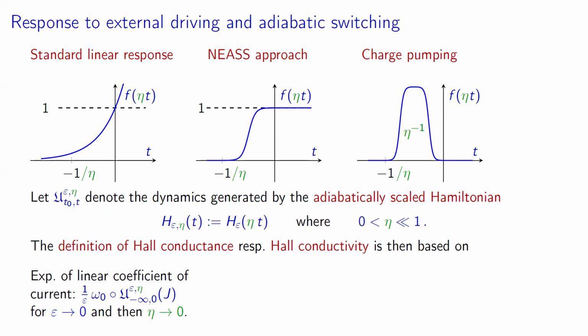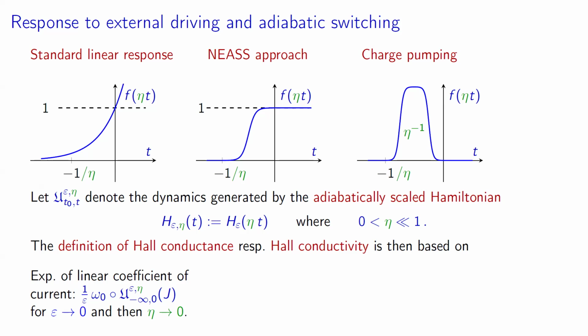Then what we would like to define is the Hall conductance or the Hall conductivity. So the perturbation we will switch on will be, for example, a constant electric field. And the response we're interested in is the current response.